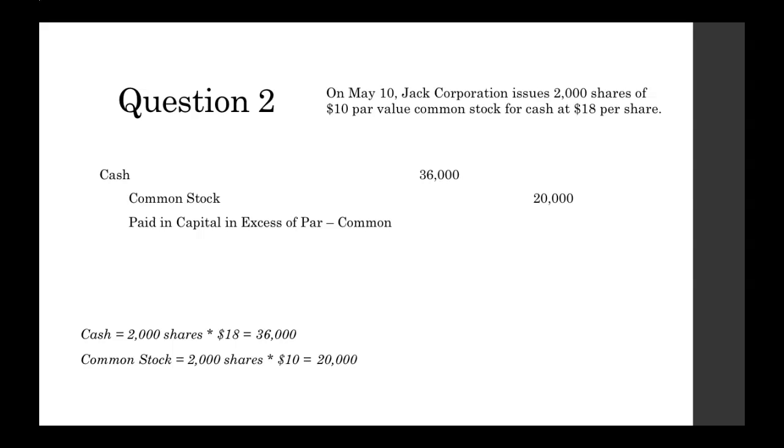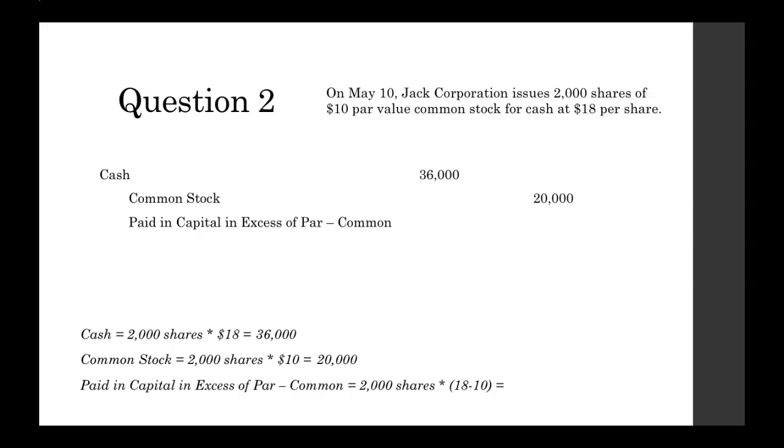A few different ways that you can get this number. First of all, debits and credits have to equal, right? So you could just do 36,000 minus 20,000. That's going to get you the number. But let's talk about how that number really comes to be. You take your 2,000 shares that you issued, and you multiply it by the difference between the market price and the par value.